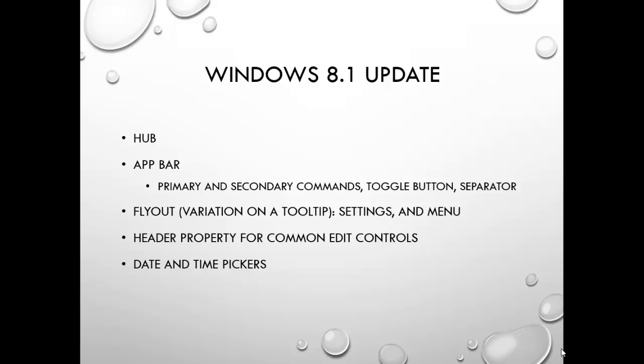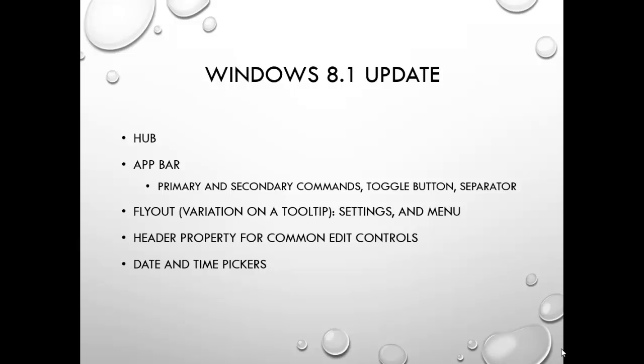AppBar got enhanced a little bit, although those to me are kind of minor. Microsoft design guidelines recommend that you put primary buttons on the left and secondary buttons on the right. You can easily do that by putting two stack panels into the AppBar and aligning one to the left and one to the right. Pretty easy to do, but they try to make it a little bit easier now.